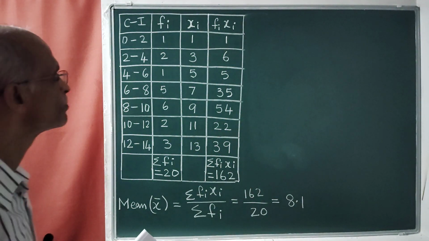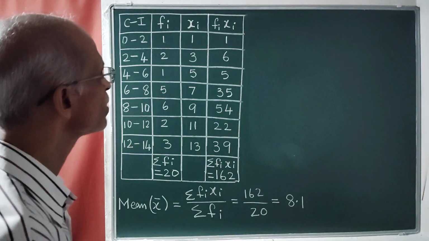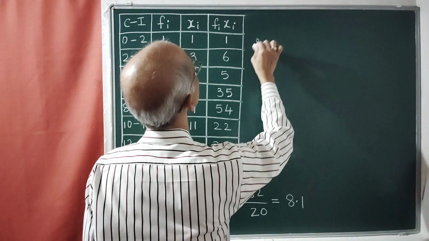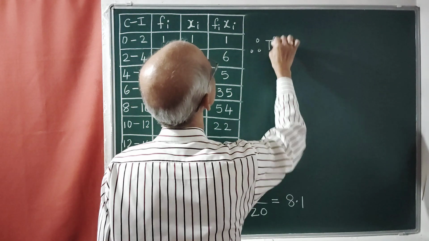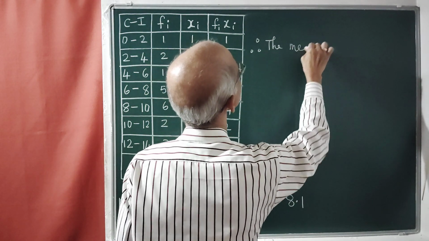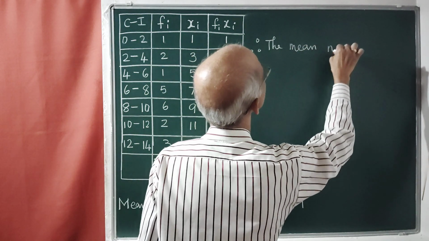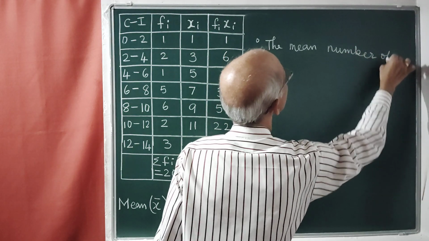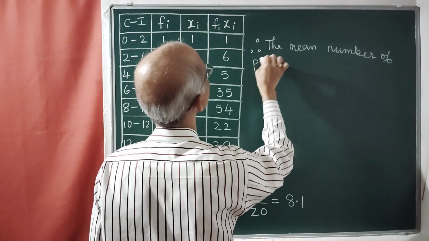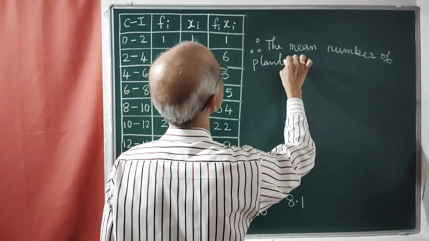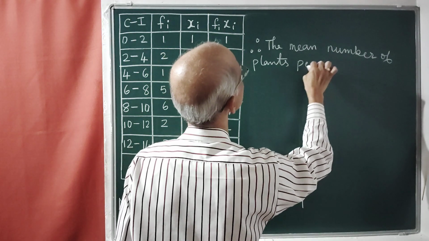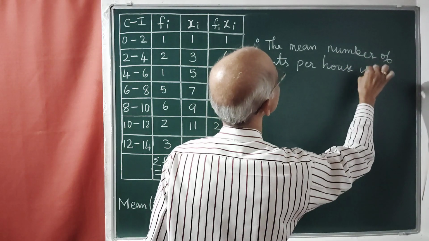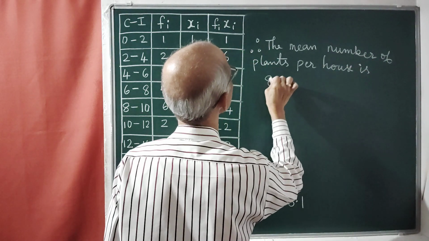So the mean number of plants per house is 8.1. Therefore, the mean number of plants per house is 8.1.